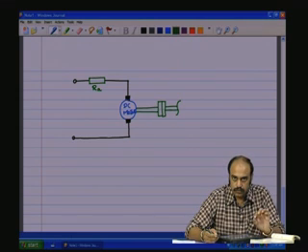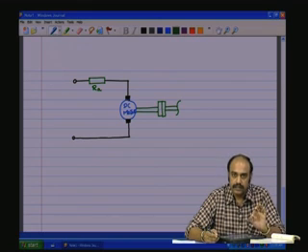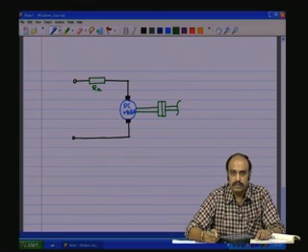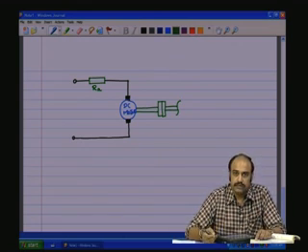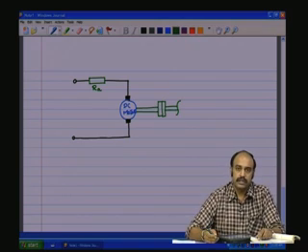There is also going to be another element in series, L A, the armature winding inductance, which we shall introduce later on while we are discussing the dynamic model of the motor, which will be similar to the dynamic model of the generator.